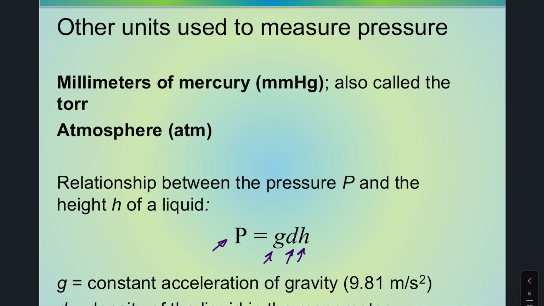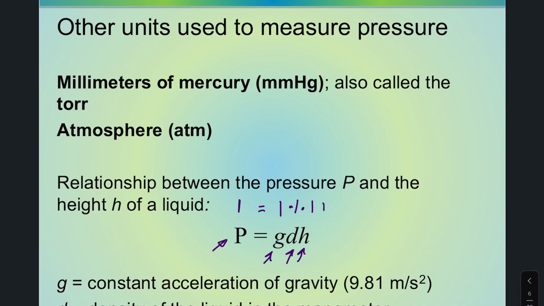D is the density of the liquid in your manometer, and H is however high your liquid is in that manometer. So just for example, if we have a 1 for G times a 1 for D times a 1 for H, then all of these numbers are going to be proportional to one another.